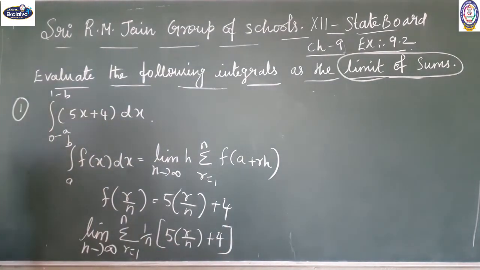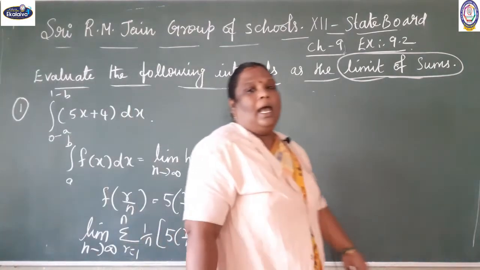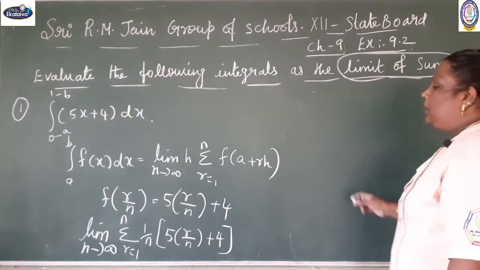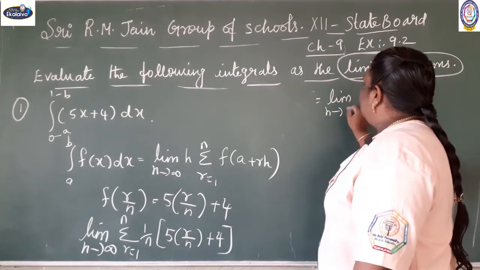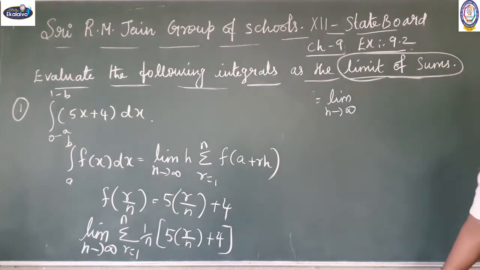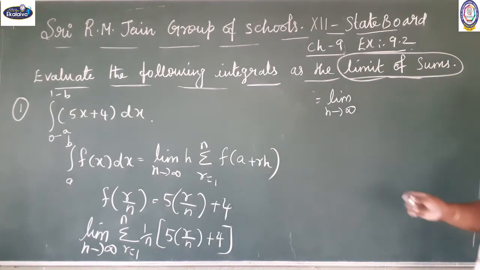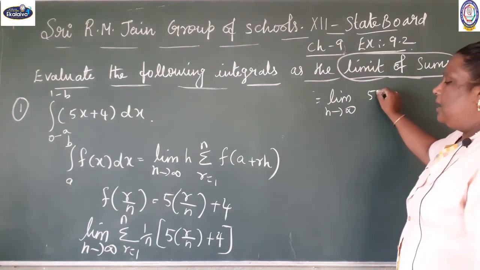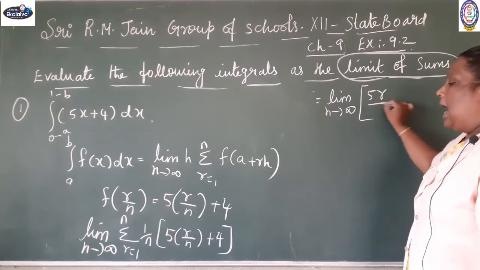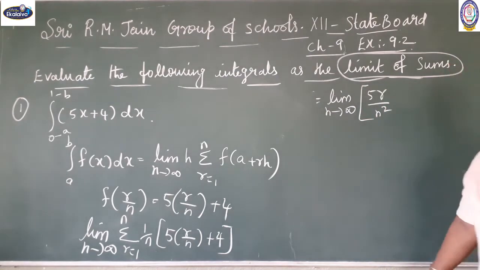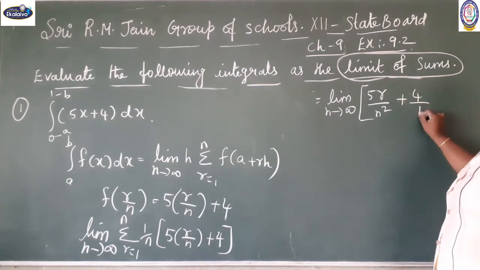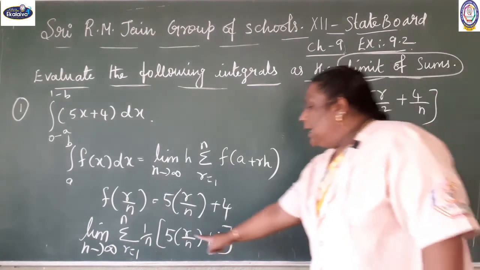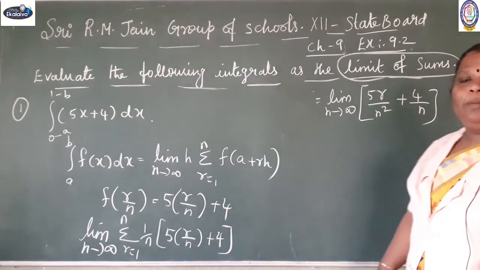Now limit n tends to infinity, you can multiply that 1 by n inside. What value do we get? 5 r by n square plus 4 by n.